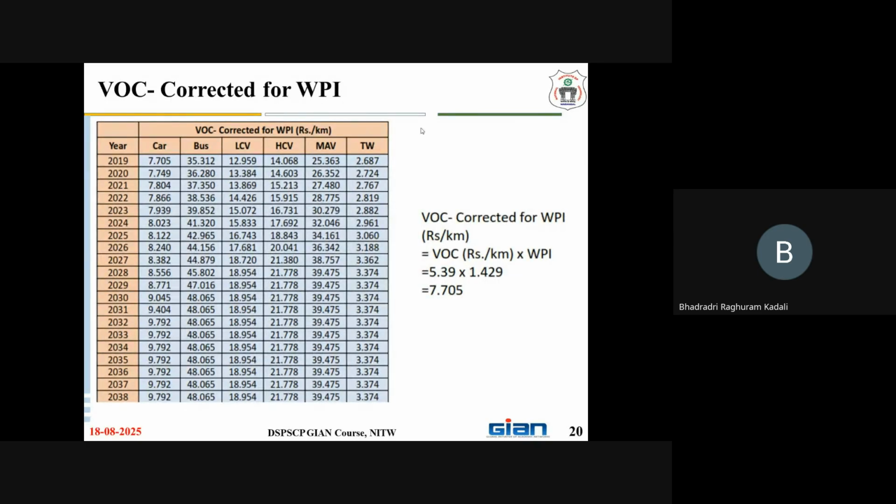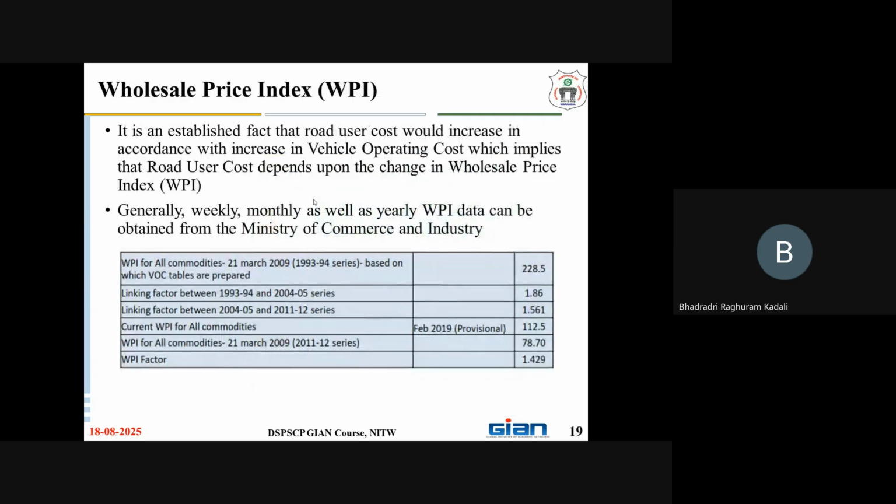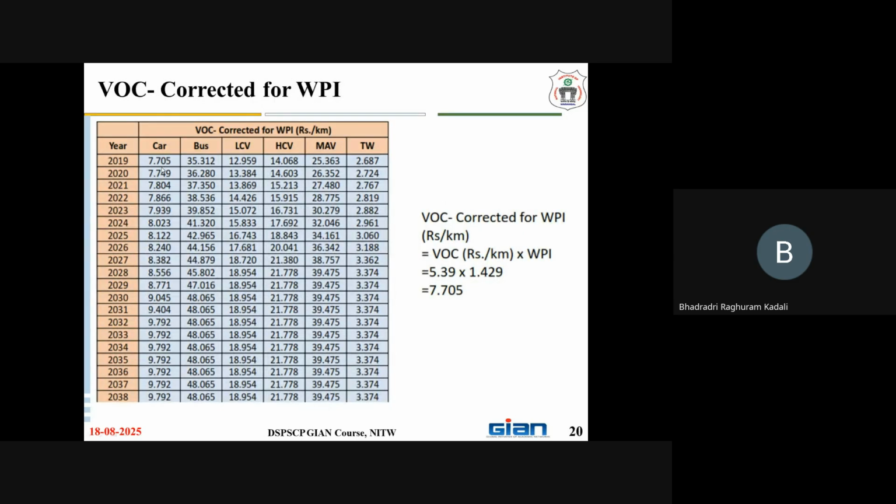So based on that, what we are trying to do is, the vehicle operating cost we had earlier is 5.39 for the different categories of vehicles. Corresponding to that, we are multiplying with respect to our WPI value. So now if you see, the VOC is multiplied with respect to the WPI.